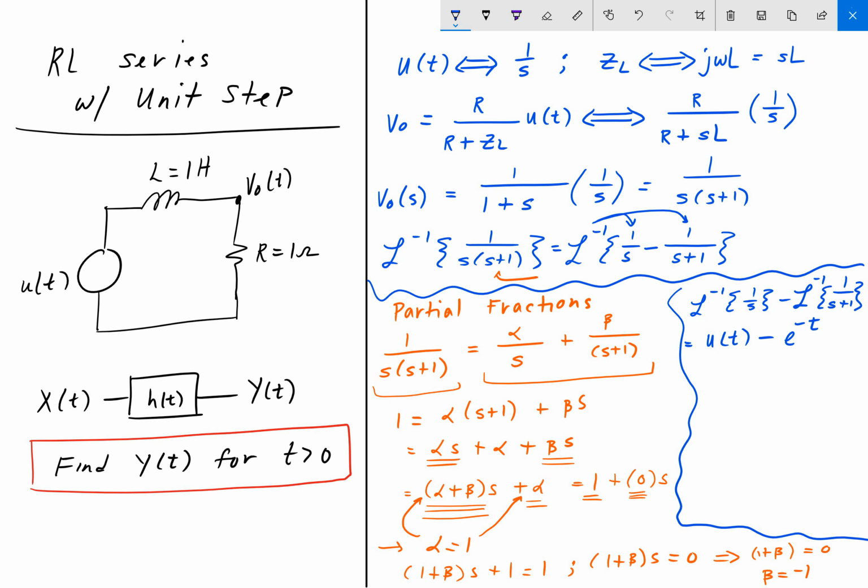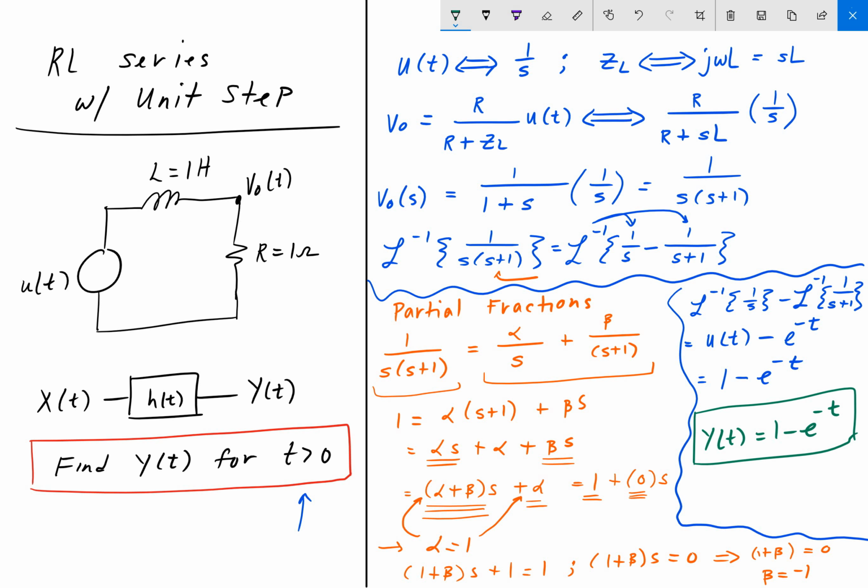And the unit step function is 1 whenever t is greater than 0, and we're assuming that t is greater than 0, so the unit step is 1. So 1 minus e to the minus t. And that's our answer there. y of t is equal to 1 minus e to the minus t. So there you have it.